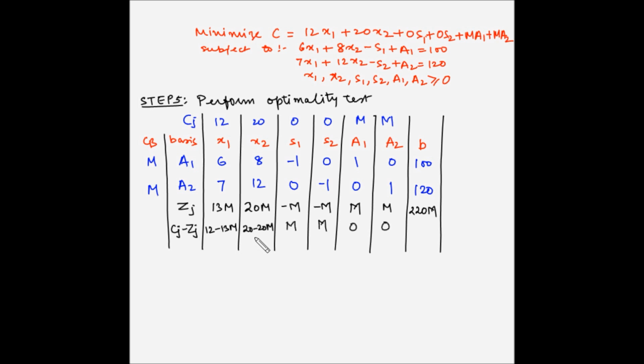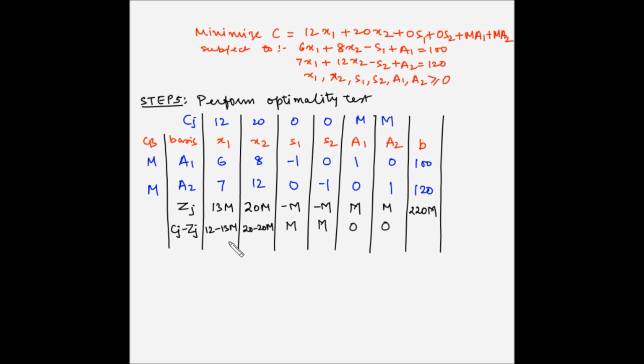Whereas for the x2 column, the number is 20 minus 20m. Being a huge number that m is, this value is as good as equal to minus 20m. So both these values for x1 and x2 are negative. The two values for s1 and s2 are positive, and a1 and a2 have 0 values.